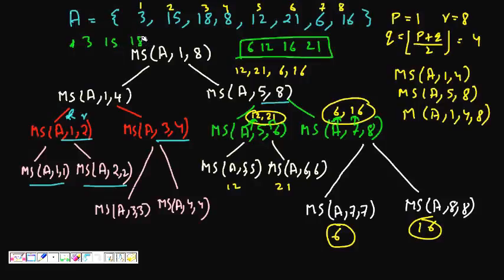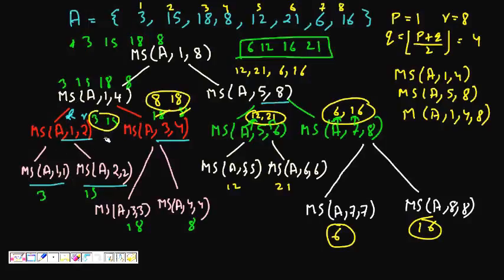In the left part it is 3, 15, 18, 8, which splits into 3, 15 and 18, 8. When 18 and 8 are merged, it becomes 8 and 18, and this becomes 3 and 15.